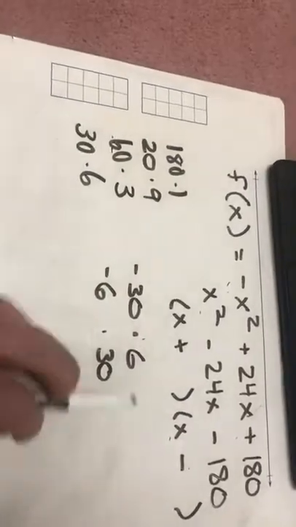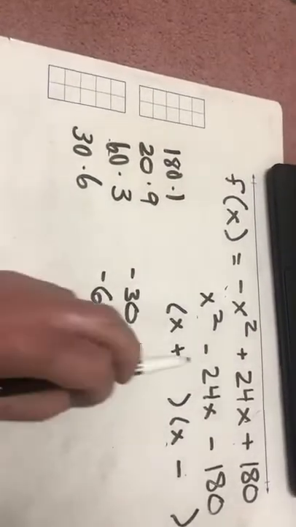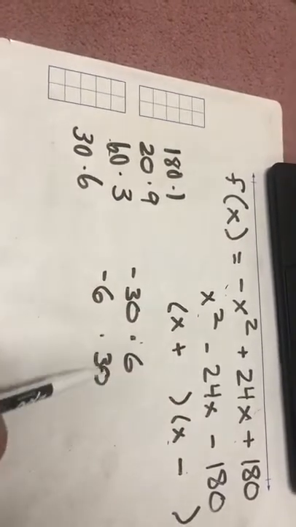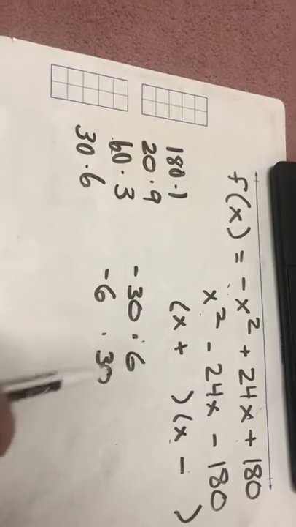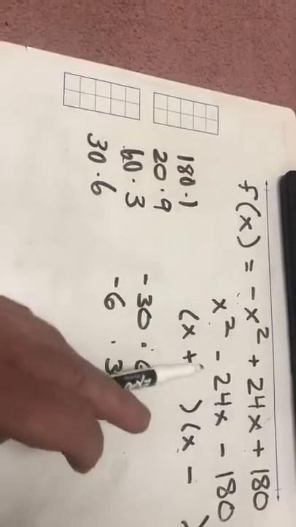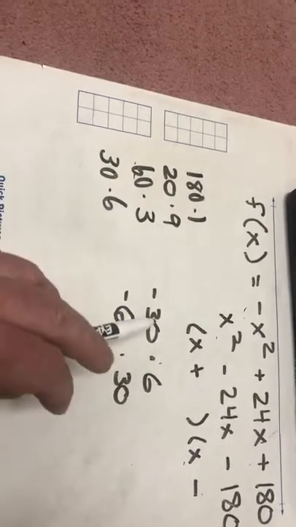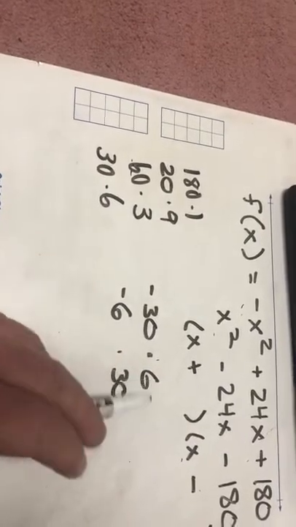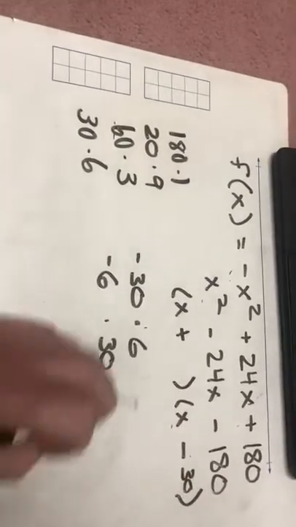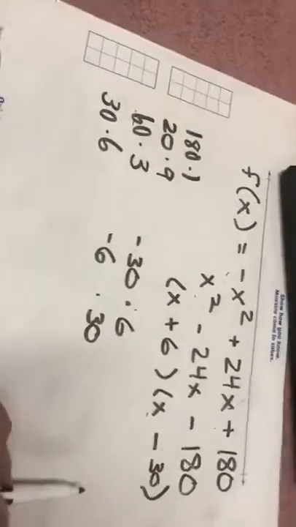I have to make that decision. Well, remember when I add the two numbers together, it has to equal negative 24. Both of these multiplied together equal negative 180. But if I add them, the only way that I can get a negative 24 is negative 30 plus 6, which means that my negative 30 needs to come over here. My plus 6 needs to come over here.